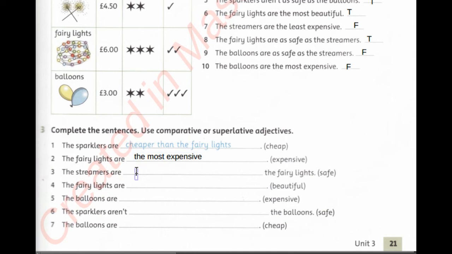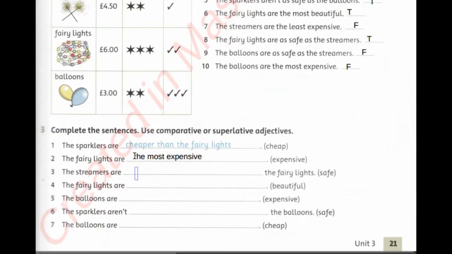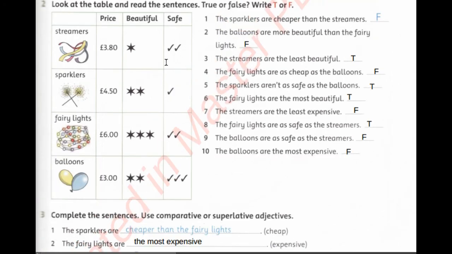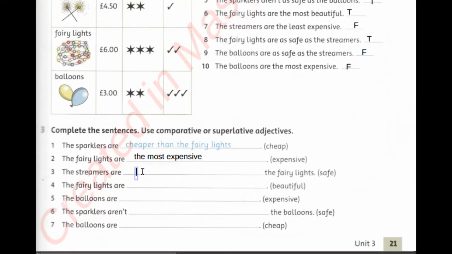On the next one, we have the streamers and the fairy lights, safe. The streamers have 2 and the fairy lights have 2, so they are equal, they are the same. So remember we said before, the streamers are safer than the fairy lights. Oh, sorry, no, there is a mistake. Okay.